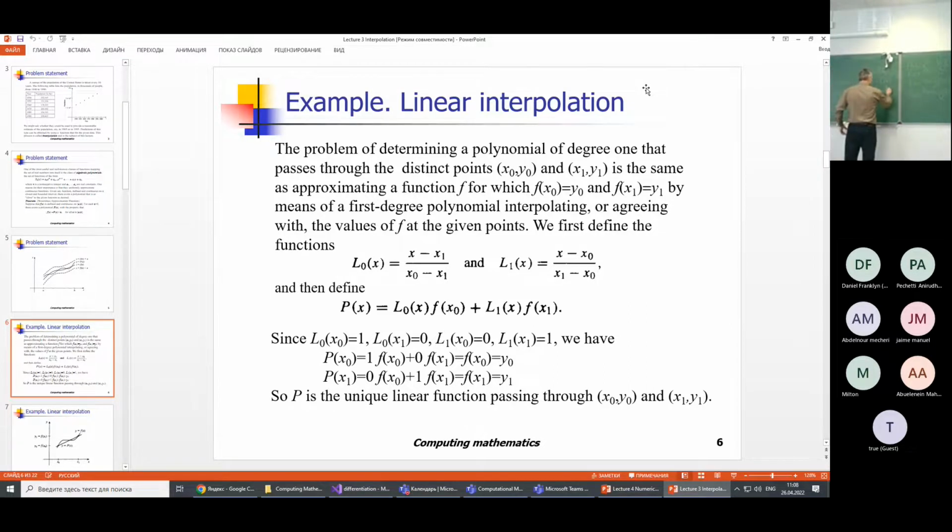And we have f1 minus f0 over h, where h is the distance between x0 and x1. Is it clear?